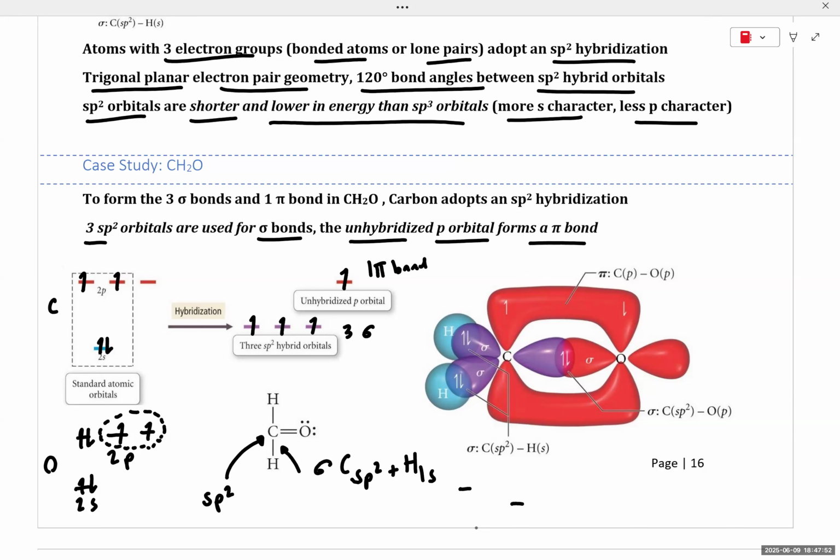Here's what it looks like in box diagram form. We overlap these 2 orbitals, we get a bonding and anti-bonding molecular orbital, and all is good.